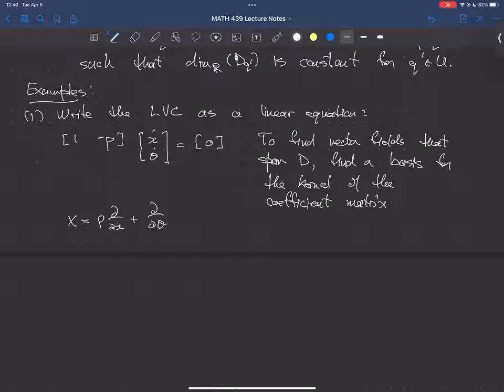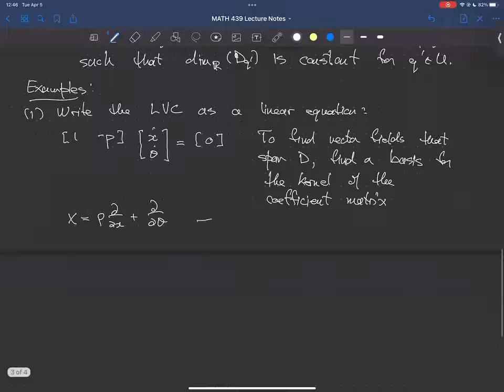So that satisfies the linear velocity constraint, and the point is that D_q in this case is indeed spanned by the single tangent vector.